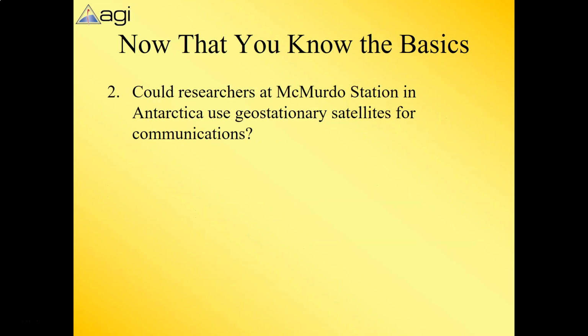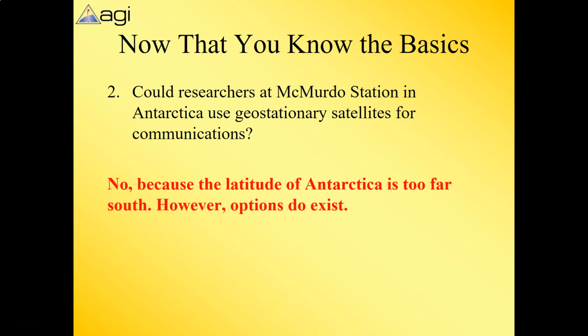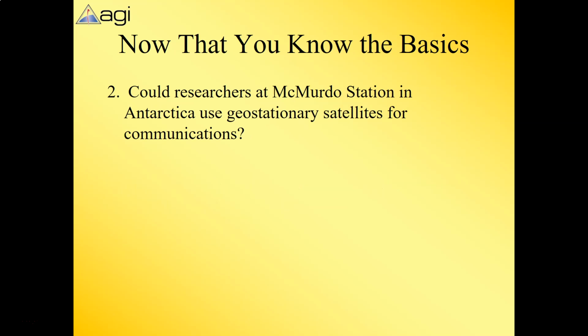What about the people in Antarctica? Well, no, they can't use a geostationary satellite for communications because the latitude of Antarctica is too far south. However, options do exist. So what are those options?